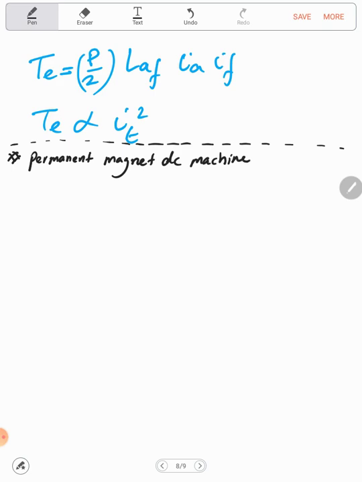Now this is identical to the separately excited DC machine, except that we don't have a field winding.